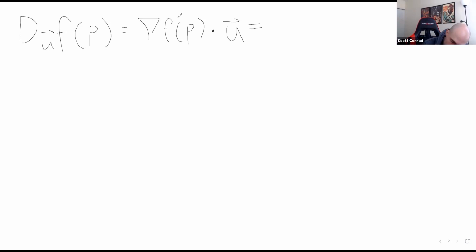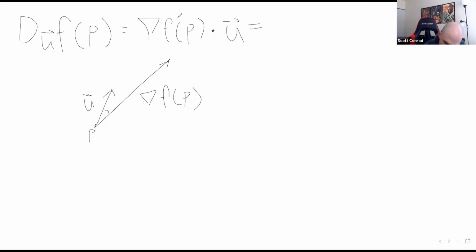So if this is, say, our direction, here's our point (a, b), or our point p, and say this is the gradient of f at p.